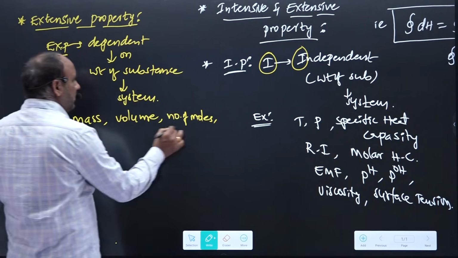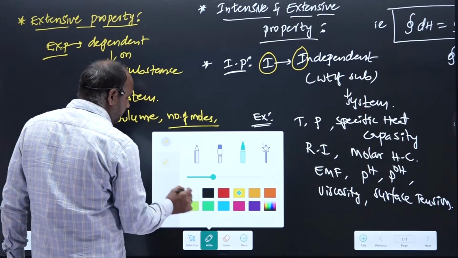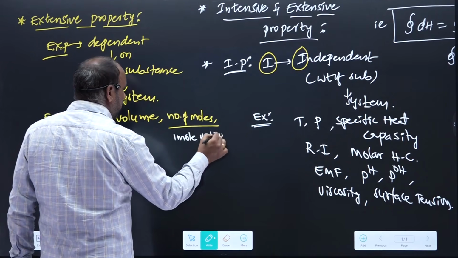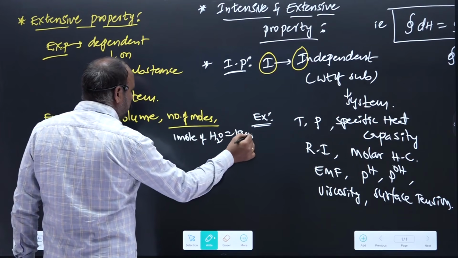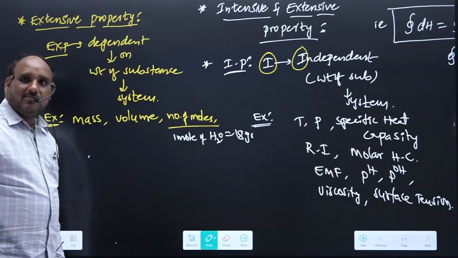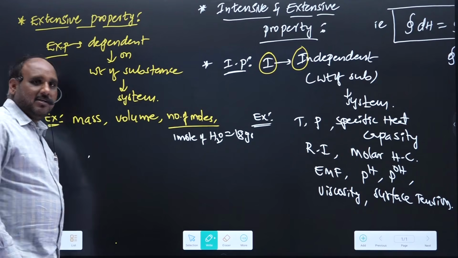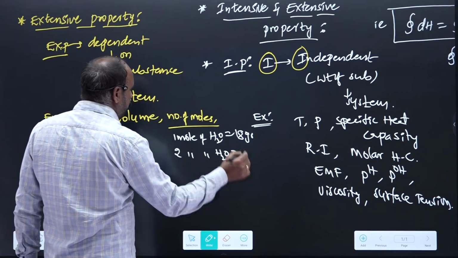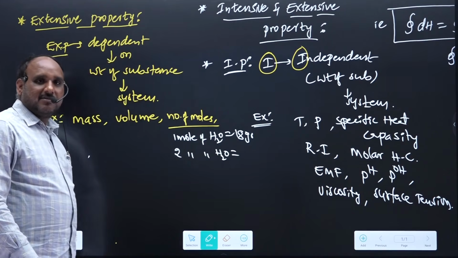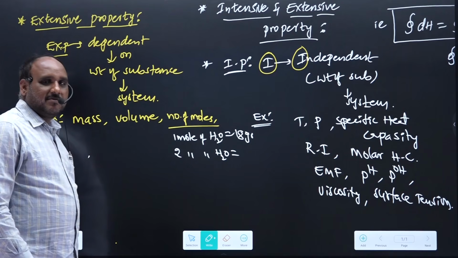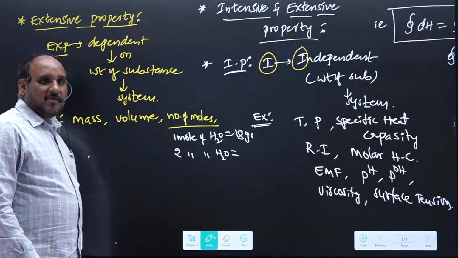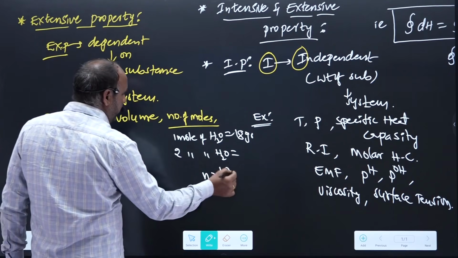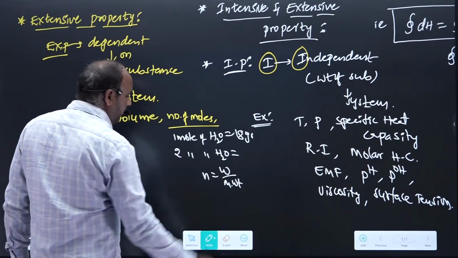Okay. Take one example here only. 1 mole of water consists of how many grams? 18 grams of substance. Right? 2 moles of water, how many grams? Right. Number of moles we already discussed. n is equal to weight by molecular weight.